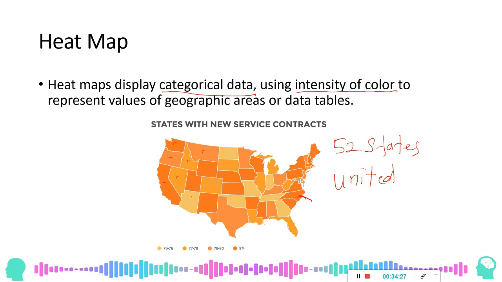Berapakah umur staff dia, new service contract? Umur 81 tahun ke atas, konon. Kat sini, I don't know. Mungkin this one besar ni. Ini Arizona ke Texas? Tak tahulah, main hentam je lah. Ni banyak ni.